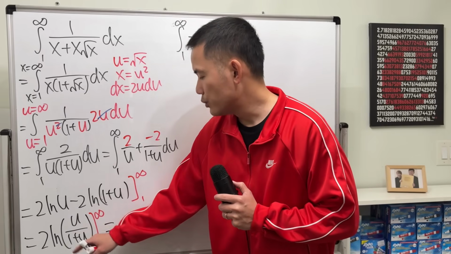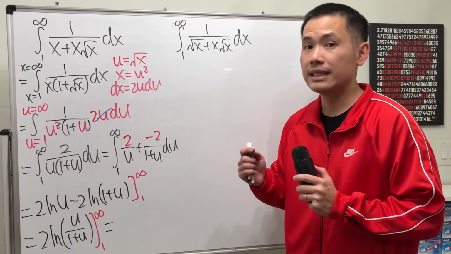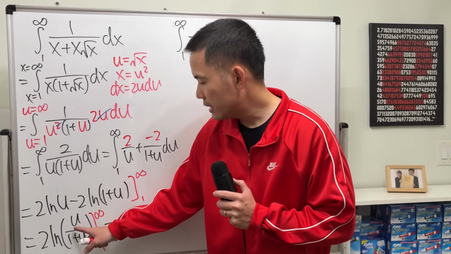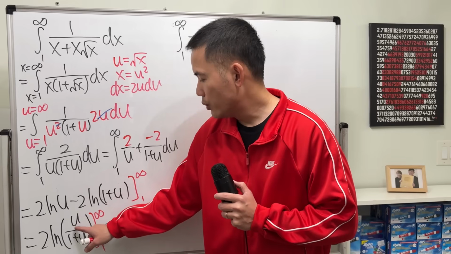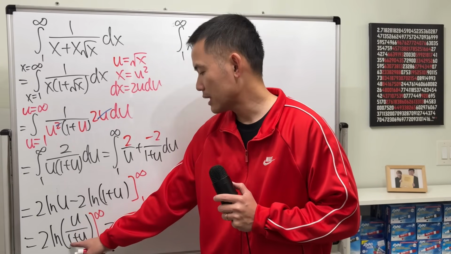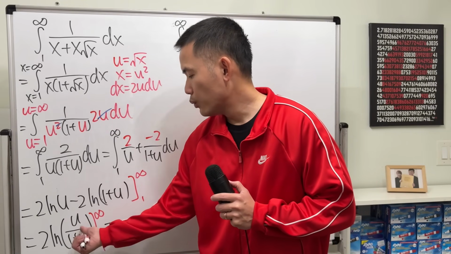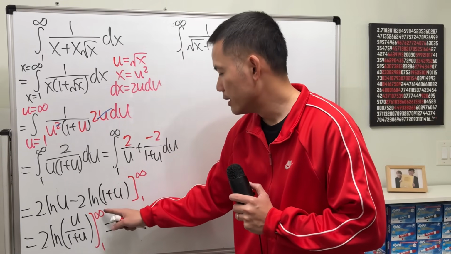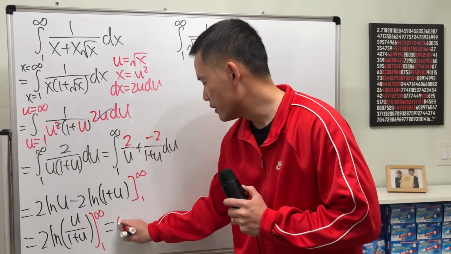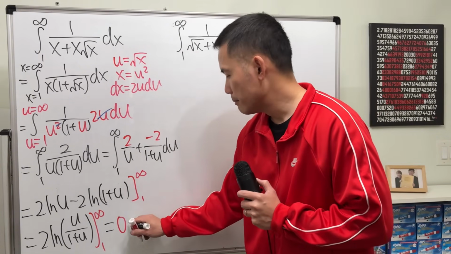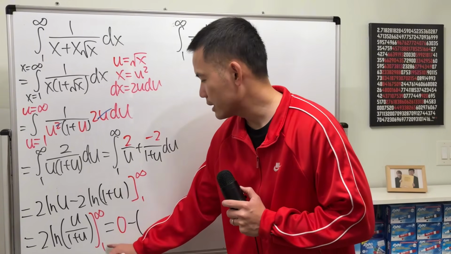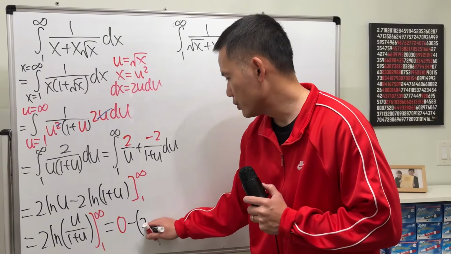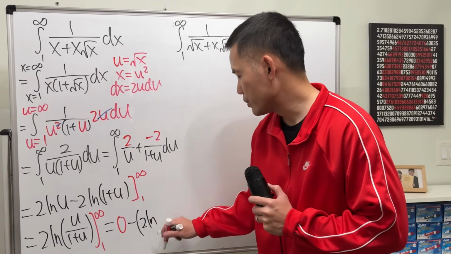When we plug in infinity to here, technically we will have to take the limit. But if you look at the limit inside out, u over u is just 1. The plus 1 doesn't matter. ln 1 is 0. So when we plug in infinity to here, the first part will be 0. Minus the second part, plugging 1, we will have 2 ln of 1 over 2.